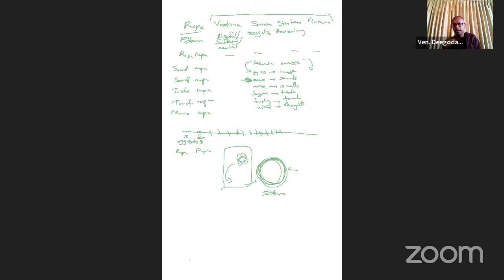So to understand the reality of this world, you have to understand the mechanism behind it. So what you do is you divide and see. You would see this as Rupa, Vedana, Sanya, Sankara, Vinyana. You divide it and see.